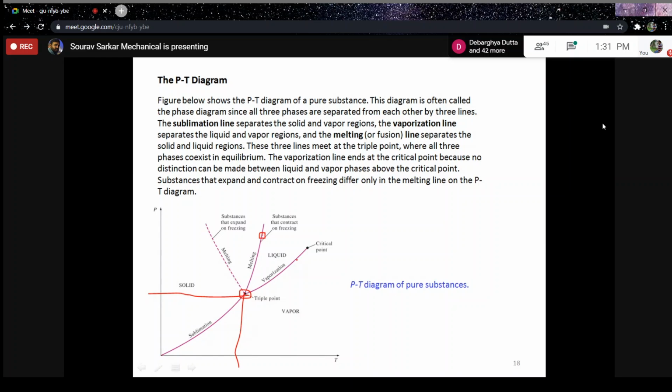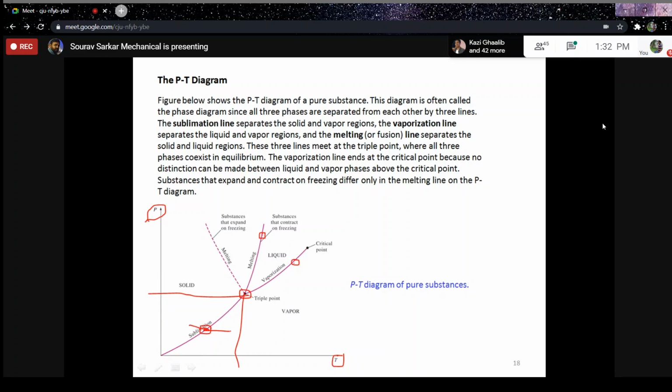Here vaporization starts and at the same point the vaporization ends, because it is a PT diagram and we know that P and T never change during a phase change process. So whenever I locate a point, this point means the whole process, because at this point the sublimation will start and at this point itself the sublimation will end.